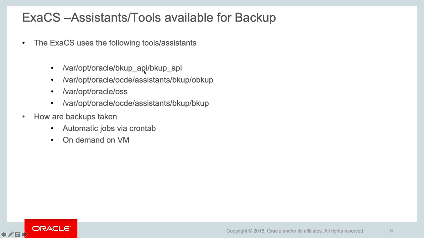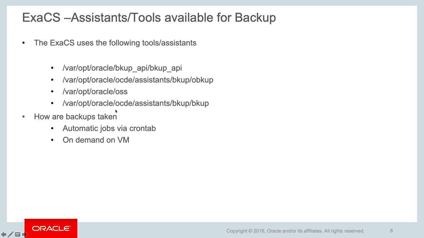It takes care of all of your backup configuration, listing, and different functionality of backup and restore. There are a few more directories within /var/opt/oracle. One is related to OCDE, which is again an assistant, and we will see the usage of that. The OSS is mainly dealing with your object storage.